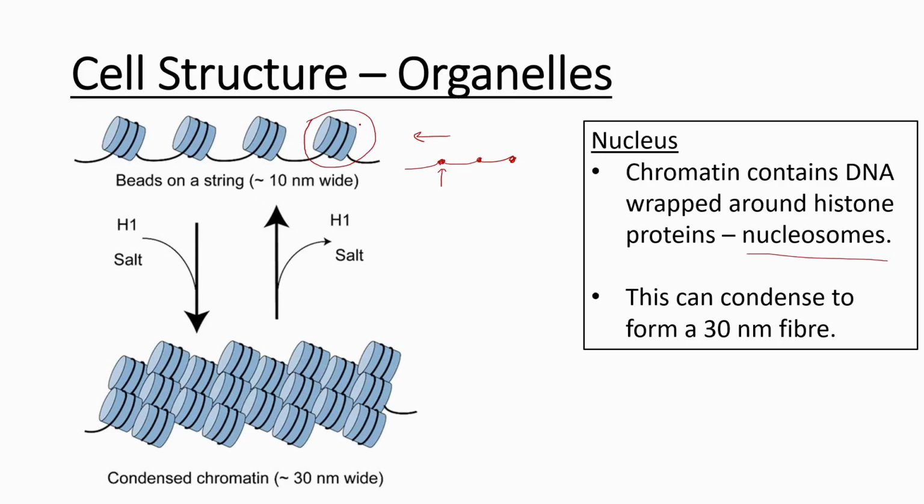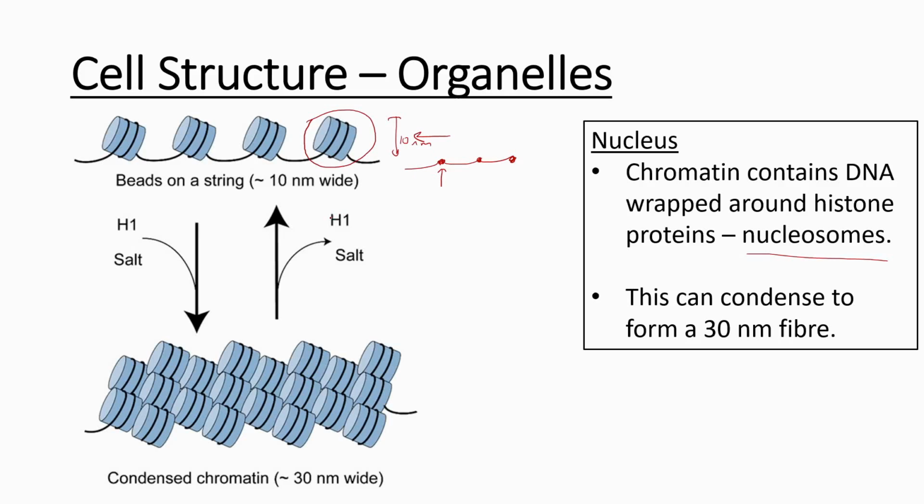The histones here are a series of 8 subunits. It's a histone octamer, and the DNA is wrapped around it, and the whole structure is called a nucleosome. And this structure here is about 10 nanometers wide, so it's fairly uncondensed.